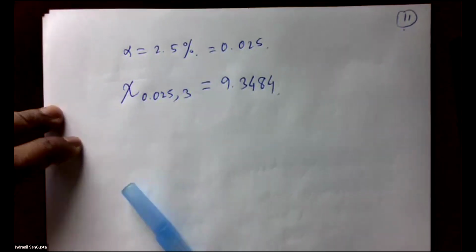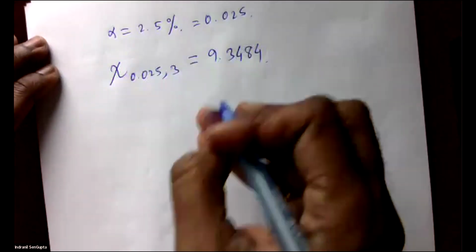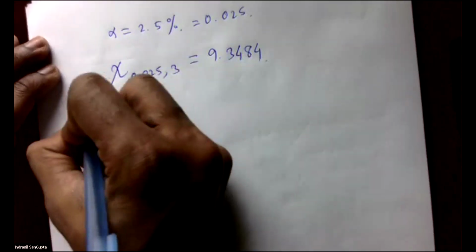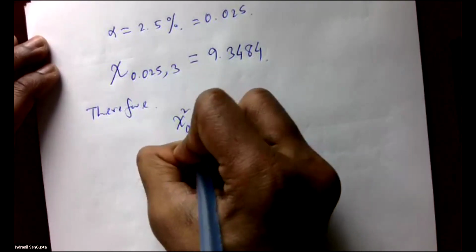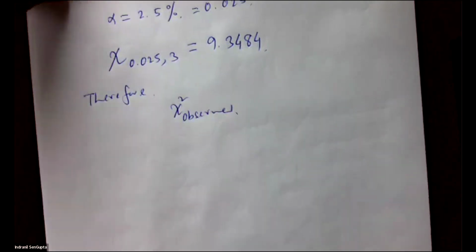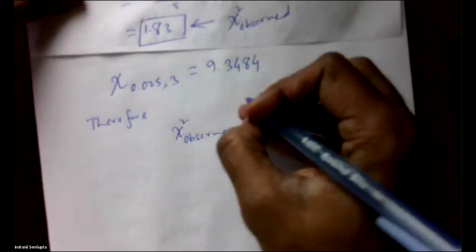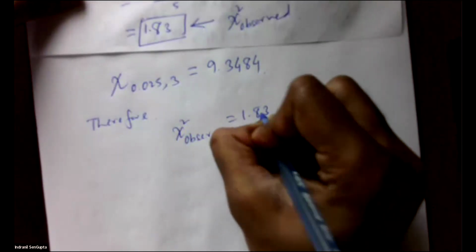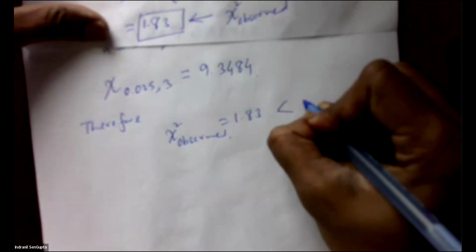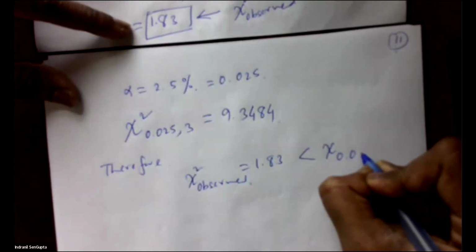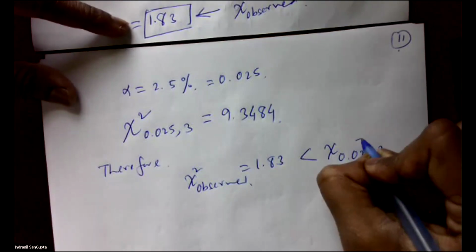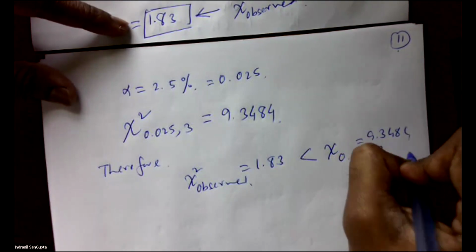Okay. And hence, what we found is the following. The observed chi-square, which is right here, 1.83, is much less than the chi-squared with the significance level, this one, which is 9.3484.